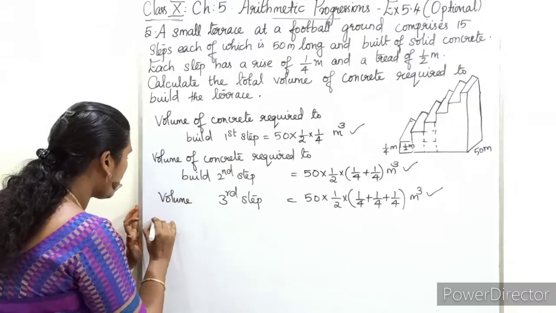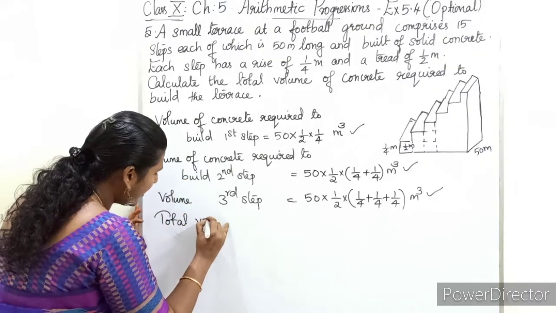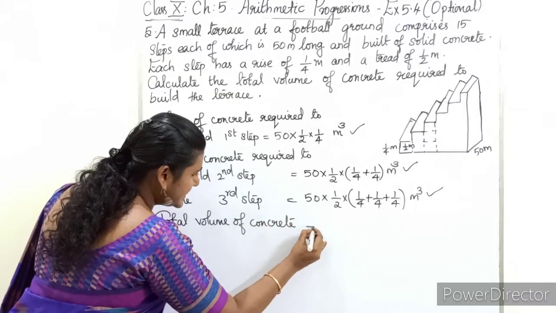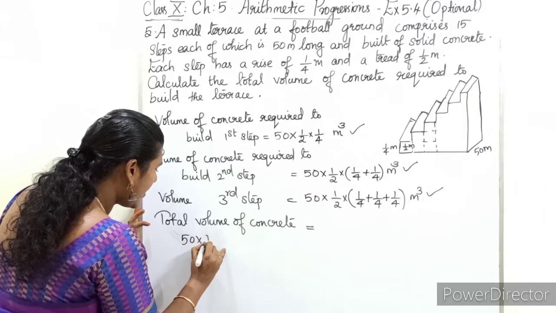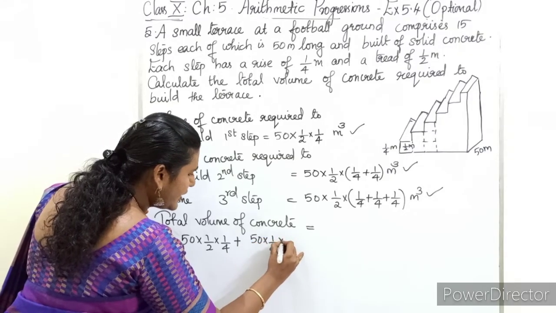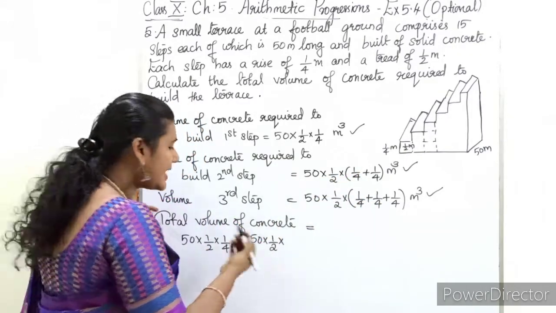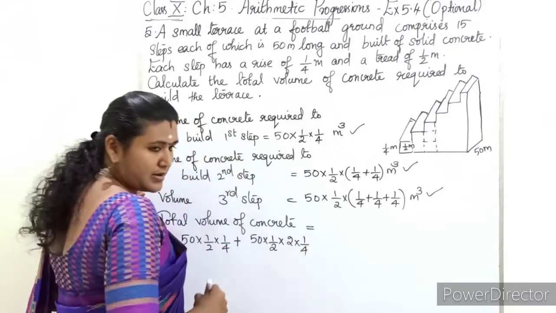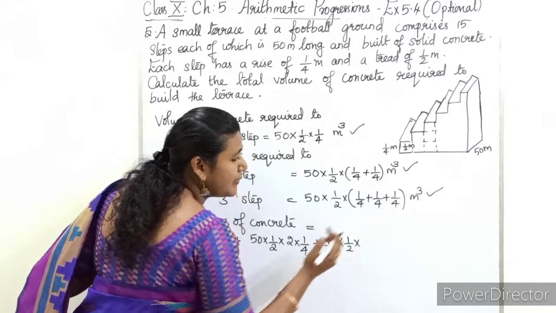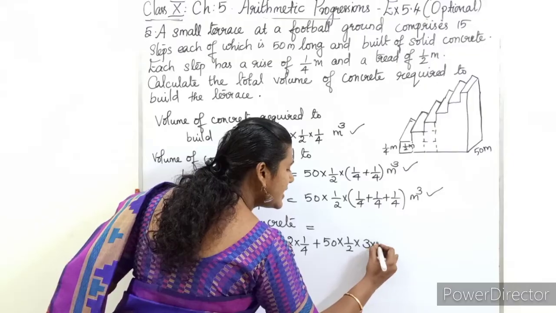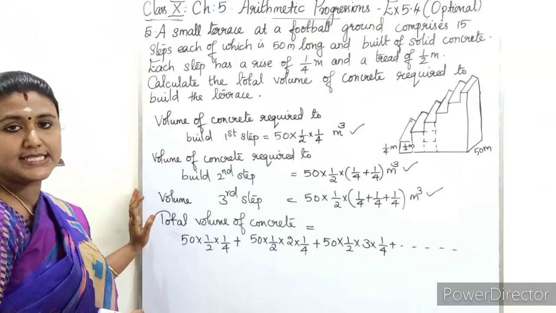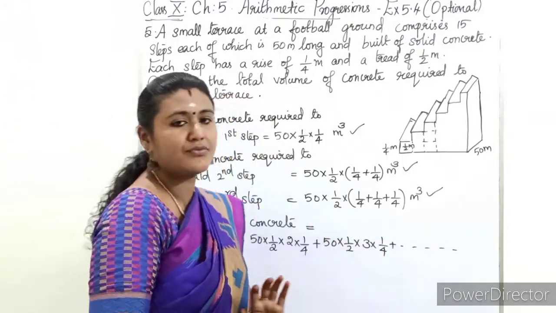So the total volume of concrete is equal to 50 into 1 by 2 into 1 by 4 plus 50 into 1 by 2 into, here 1 by 4 plus 1 by 4 we can write as 2 into 1 by 4, plus the third one, 50 into 1 by 2 into, here we have 1 by 4 added 3 times, so we can write it as 3 into 1 by 4, plus etc., up to how many steps are there? 15 steps. So we have to find the sum of these numbers.